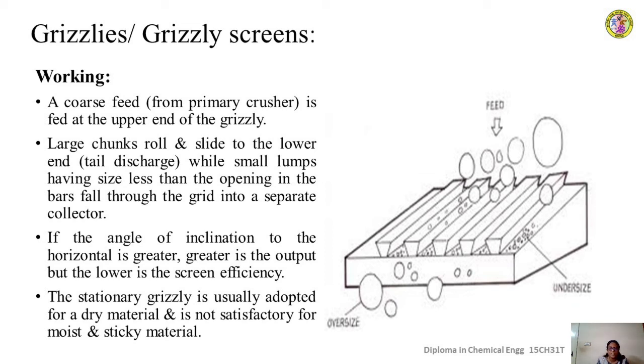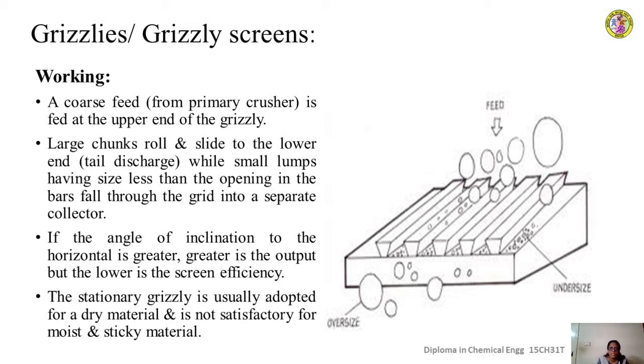So this is essentially a dry separation operation. Dry material is subjected to size separation here. It is not suitable for any material separation in a moist or sticky condition.